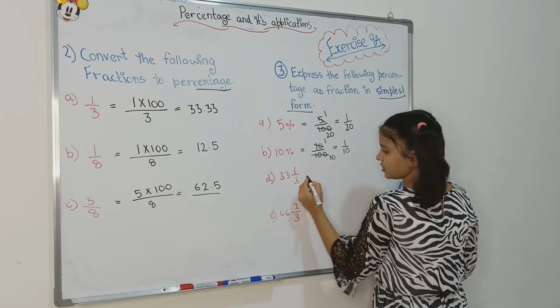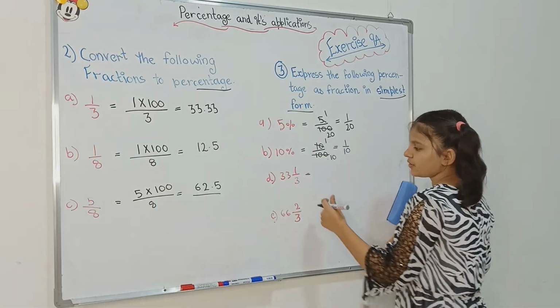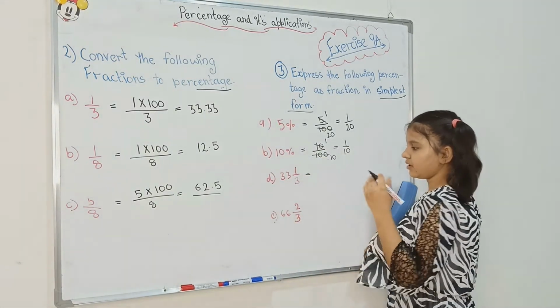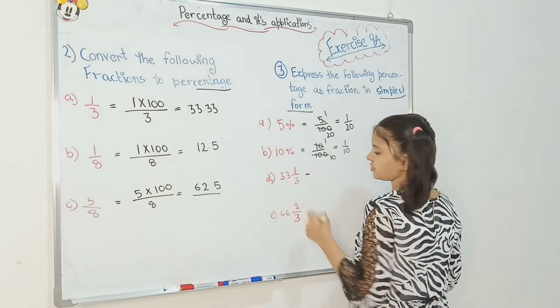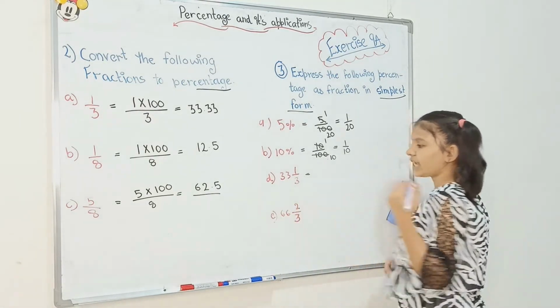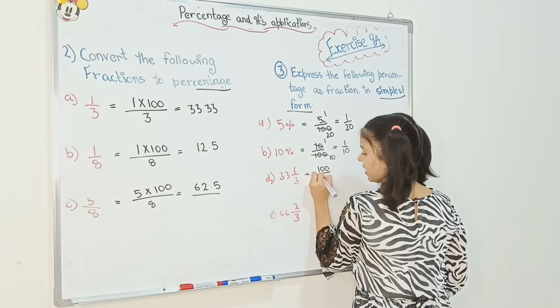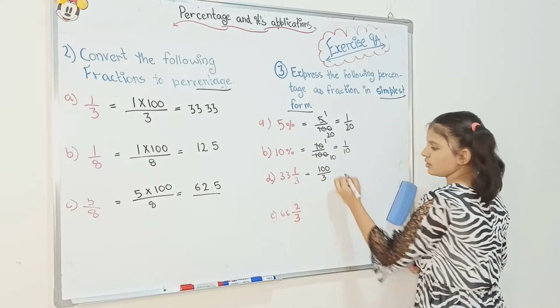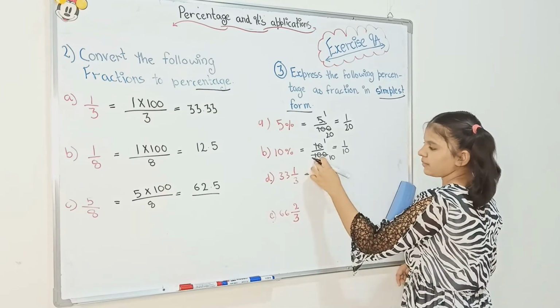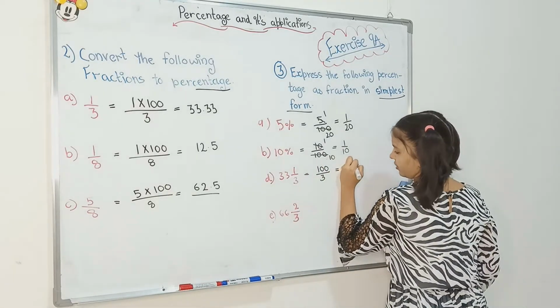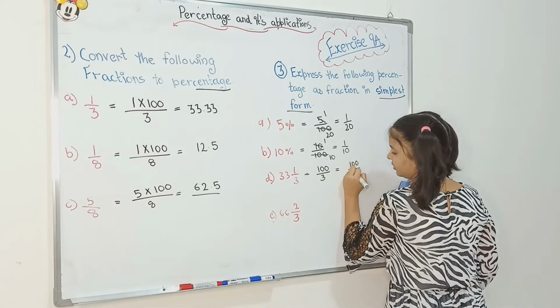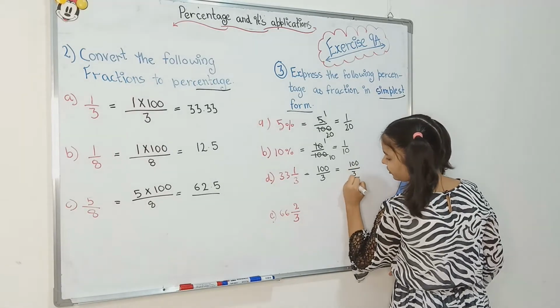Right here. So this is a bit tricky. First we will bring them in the fraction. This is a mixed fraction. So 33 3s are 99. 99 plus 1 is 100. So 100 by 3. Now like we did here, we have to divide them by 100. So 100 by 3 divided by 100.